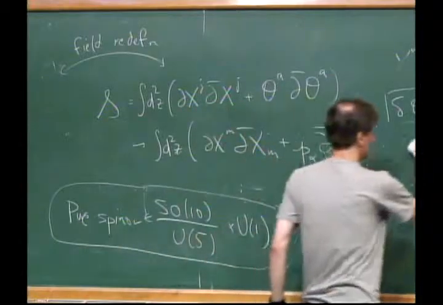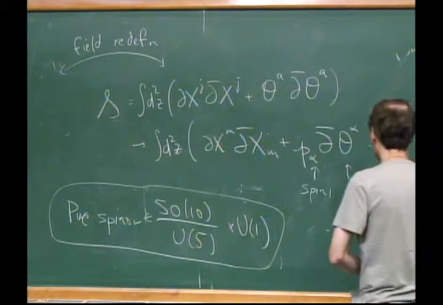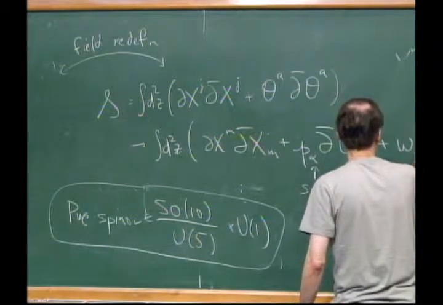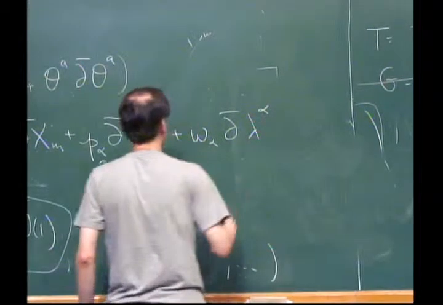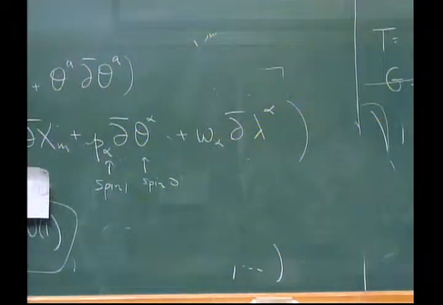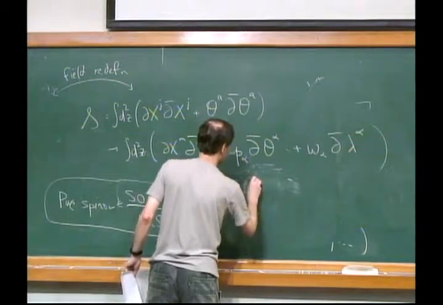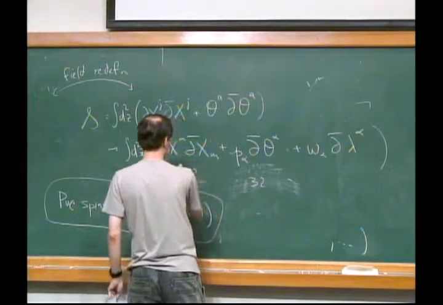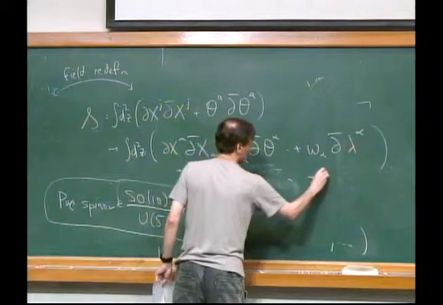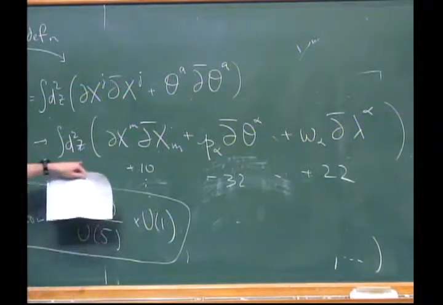So we have to add to the action these new degrees of freedom. So we have 10 bosons here. We have 32 fermions here. And we have 22 bosons here. So the central charge is easy to show.